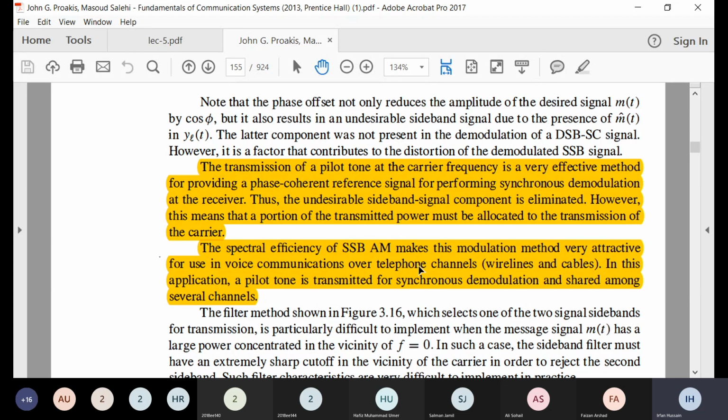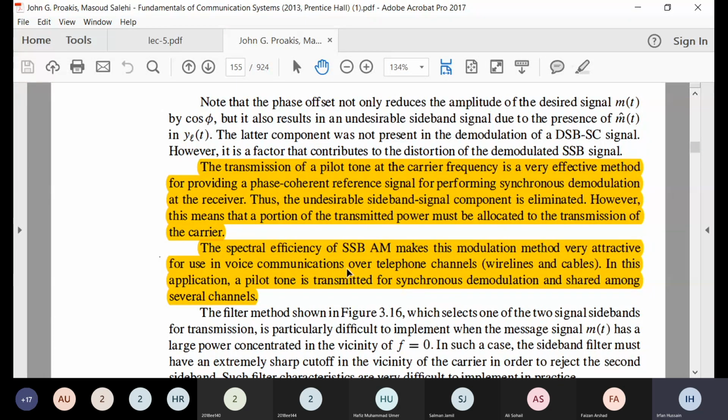And you can see the advantage of SSB signal, that you are just sending a single band, maybe the upper or the lower, but instead of requiring 2W bandwidth as you were requiring in double sideband suppressed carrier or conventional AM, here you just require W bandwidth.